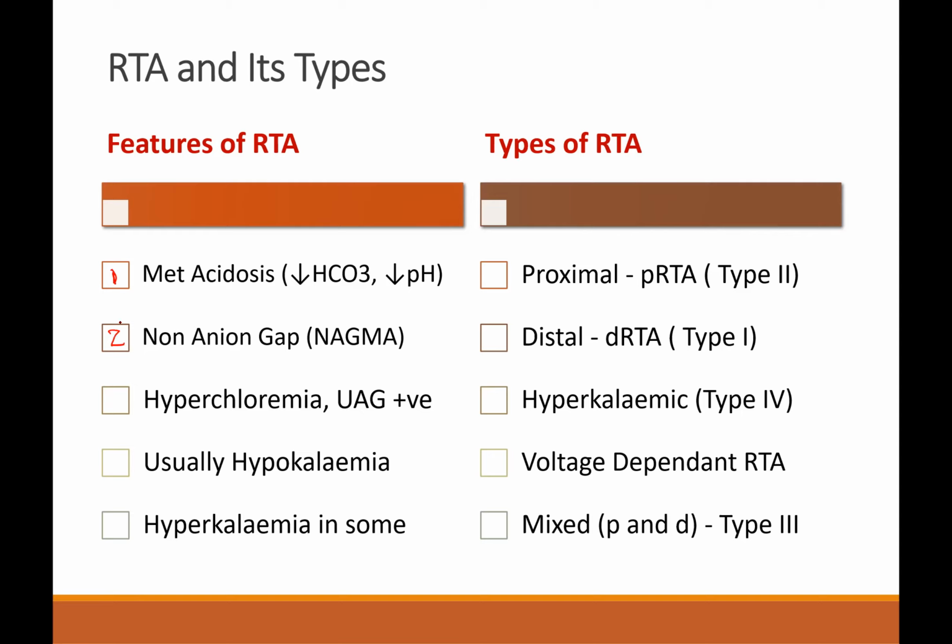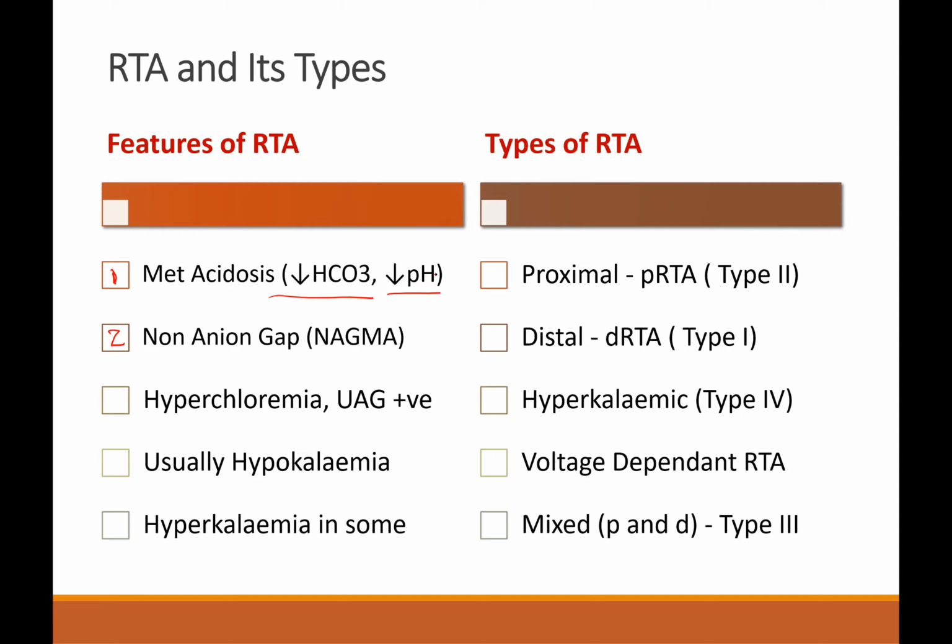We know metabolic acidosis is of two types, non-anion gap and anion gap. Metabolic acidosis is featured by decrease in the bicarbonate, decrease in the pH, and of course, the secondary variable carbon dioxide also decreases, all in the same side of the pH.